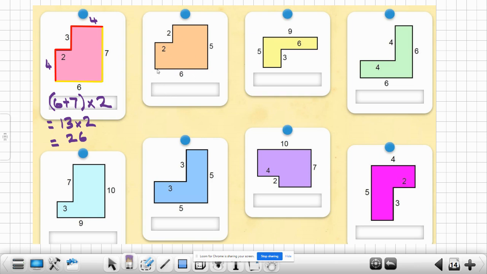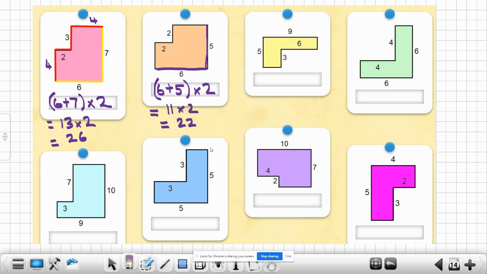Here's our two longest sides, 6 and 5. So we can just add those two together and then multiply by 2, and that will give us the perimeter of this shape, which is 22 units. I'm saying units because it doesn't tell us whether they're millimeters, centimeters, meters.